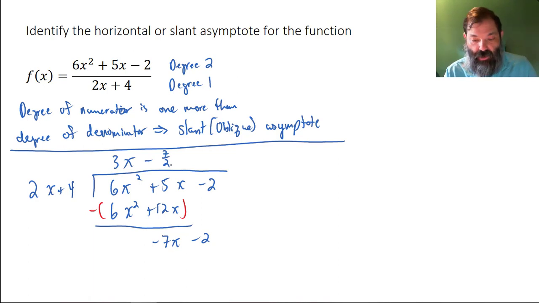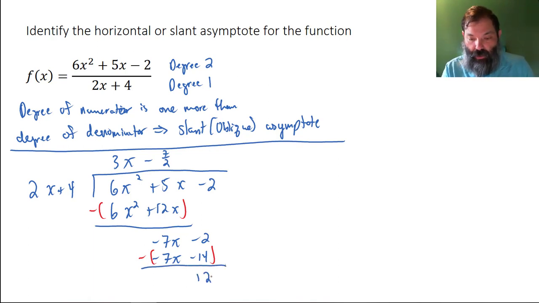It's not the prettiest, but it works. All right, so multiplying back through, that's a negative 7x, and negative 7 halves times 4 would be negative 14, and subtracting that, that would give us 12.